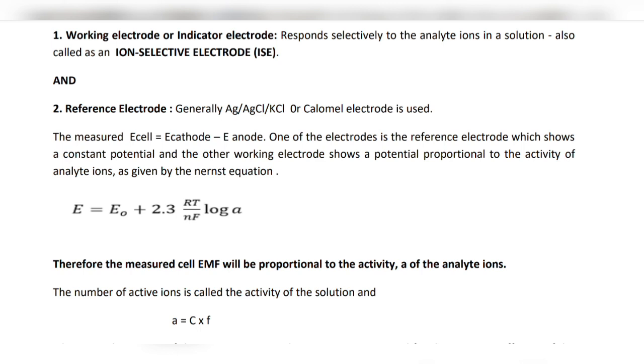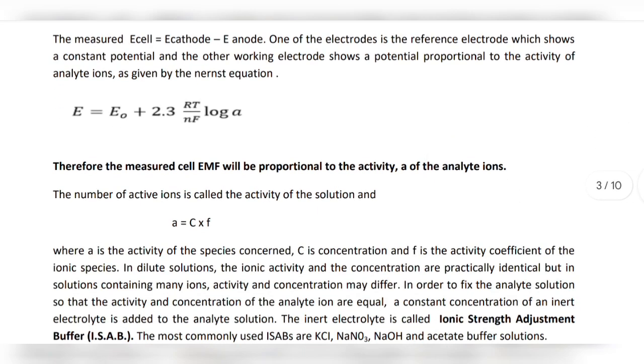Actually, it is E is equal to E0 minus 2.303 RT by nF log 1 by A. So 1 by A changes to log A with a negative sign, and negative and negative become plus. So the Nernst equation for potentiometric sensors is E is equal to E0 plus 2.303 RT by nF log A.